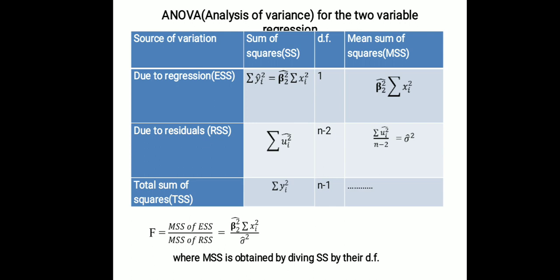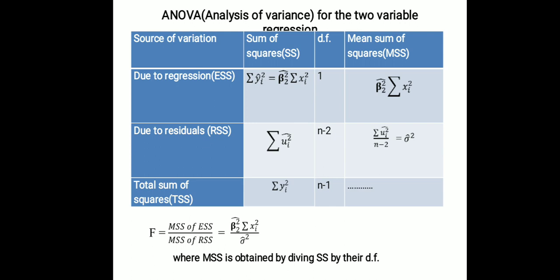Then due to the residual, that is RSS, and the total sum of squares, that is yi squared. The sum of squares due to the regression equals the sum of yi cap squared, equal to beta 2 cap squared times summation xi squared.